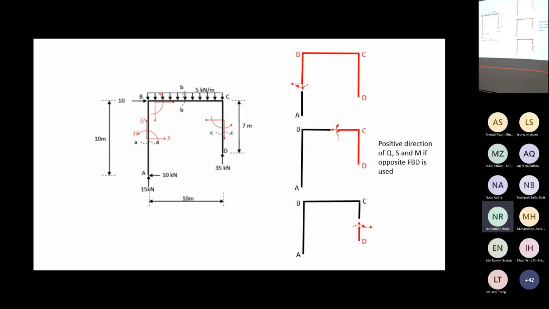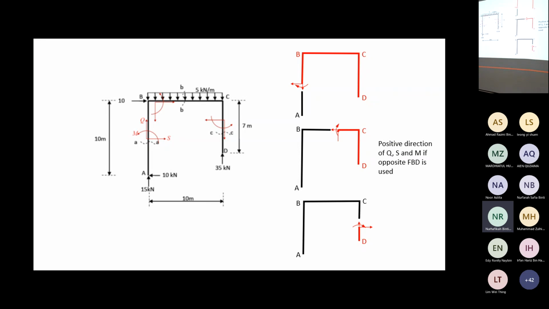See, these are all opposite. So it is important for you to know how to draw the positive direction for axial force, shear force, and bending moment.